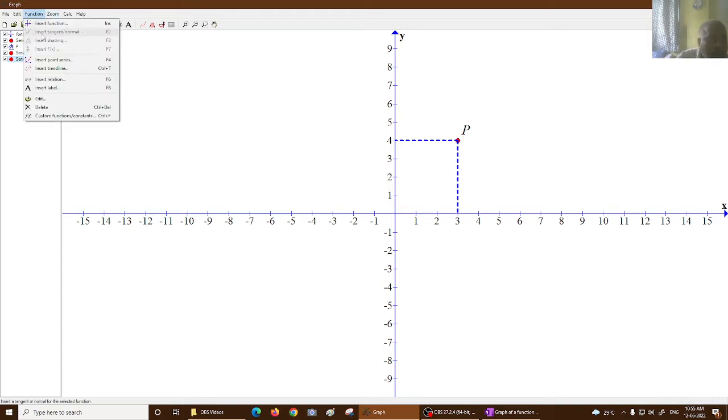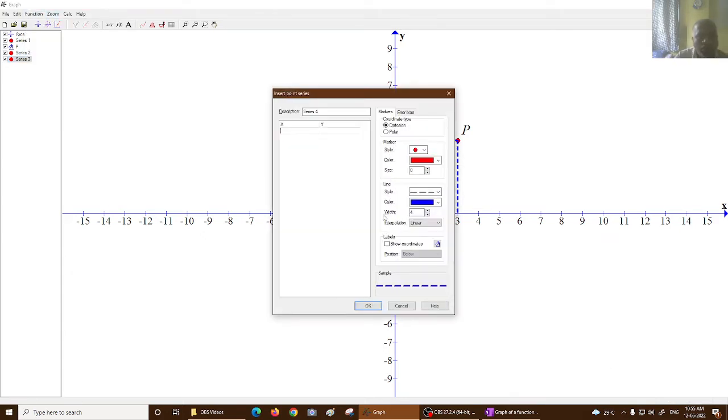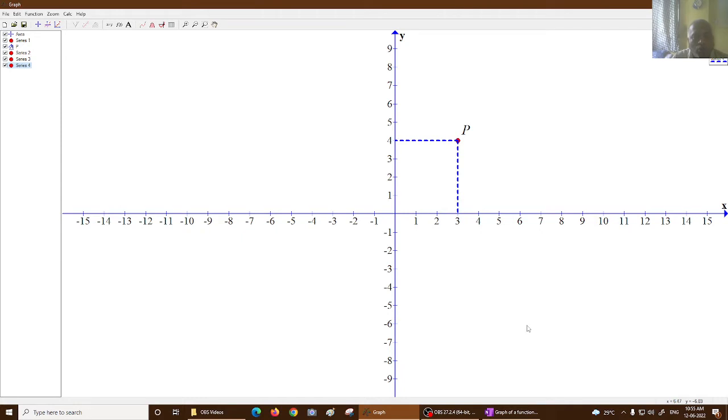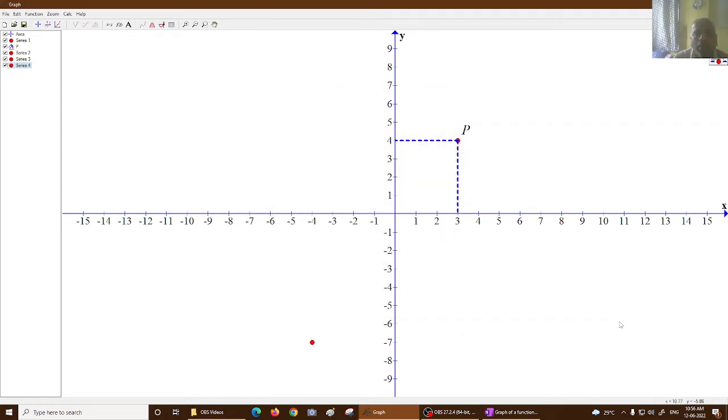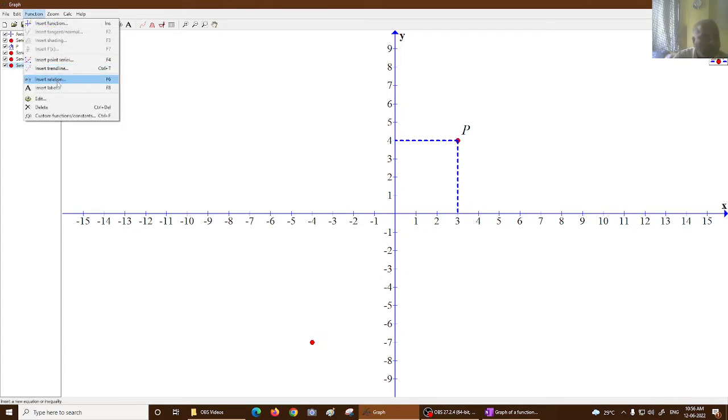For example, suppose I have a point over here. Oh sorry, this point is there but it is not visible. I'm sorry. Now you can see there is a point there also, and one can do the same thing and drop those lines.